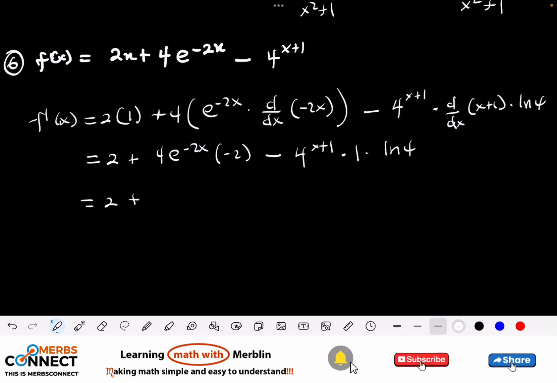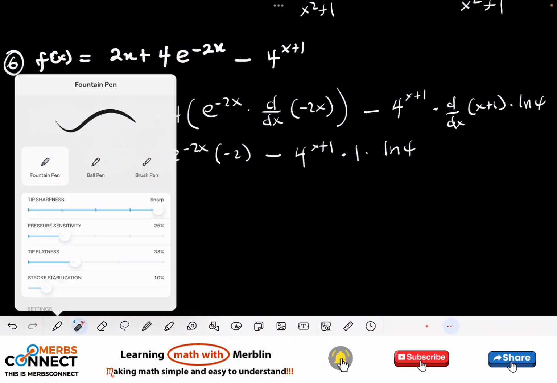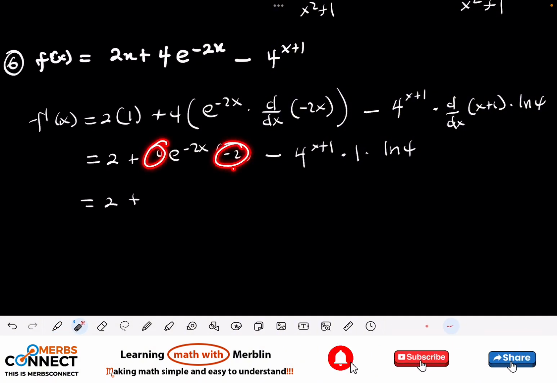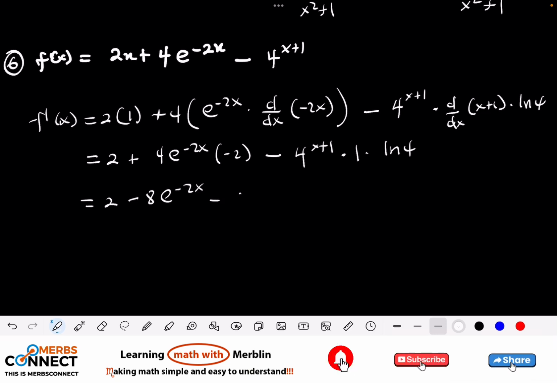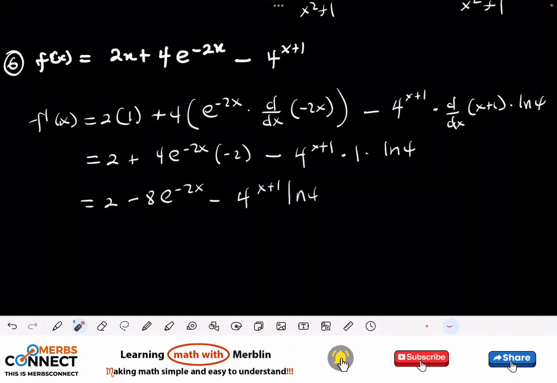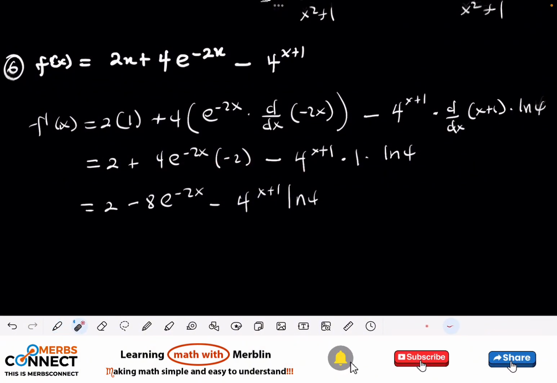So simplify: plus, 2 times minus 2 is going to give us minus 8e to the power minus 2x. Then when I multiply this one, I'll get minus 4 to the power x plus 1 ln 4. So this is what we are going to get at the end of the derivative.